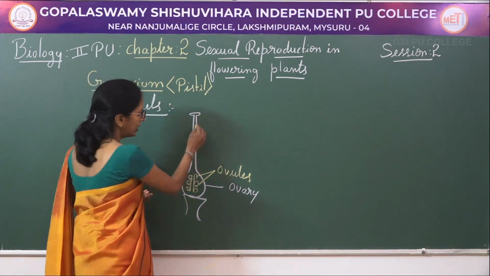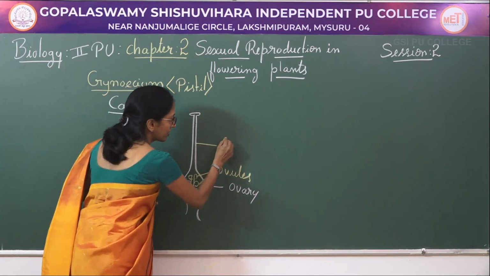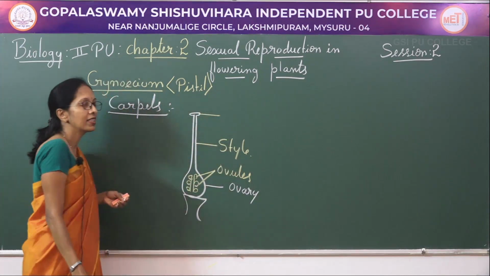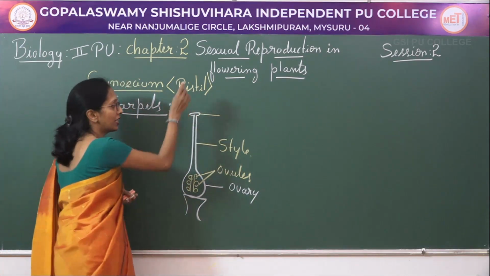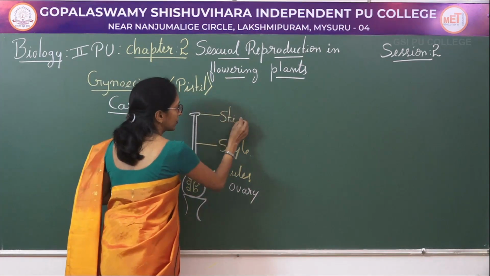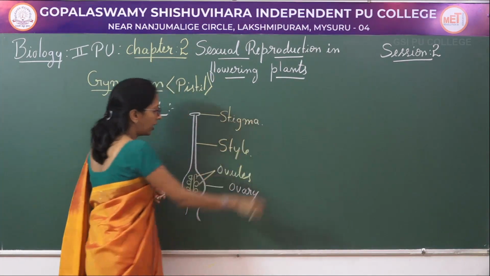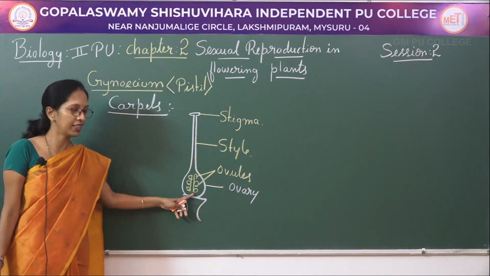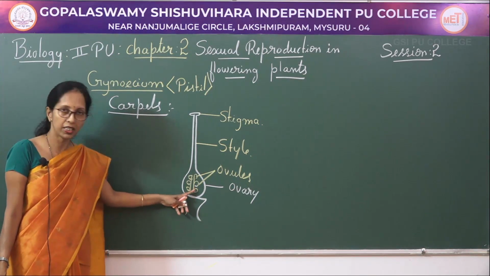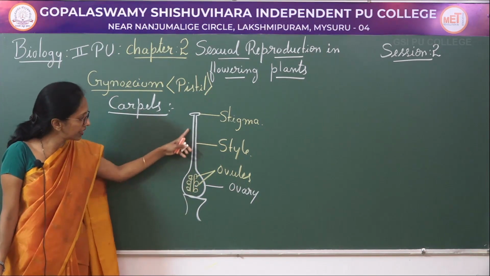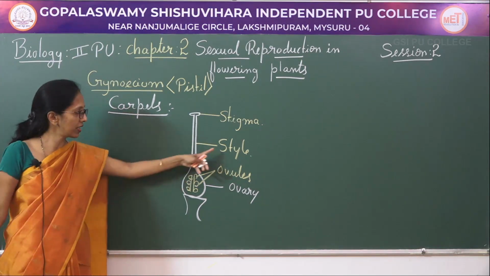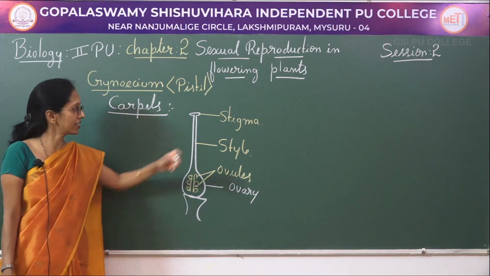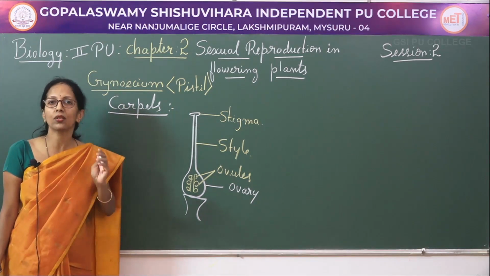And then the elongated part is said to be the style, and the terminal flattened sticky part is said to be the stigma. So, totally a carpel consists of a box-like structure, the ovary, which contains ovules, an elongated stalk-like region, the style, and the terminal flattened sticky part, the stigmatic surface or stigma.